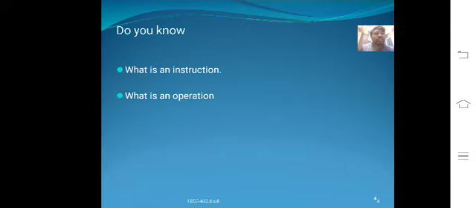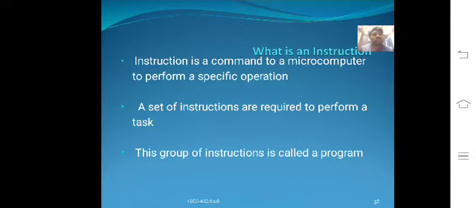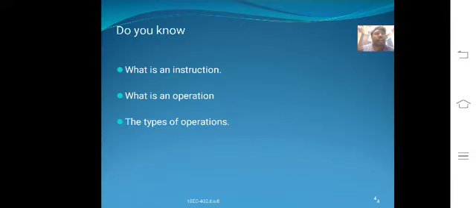Do you know what an instruction is? Generally, when you discuss something, a person gives some instruction. For example, in our institution, the principal gives an order or instruction to the students: all students must wear a mask in the classroom as well as around the college surroundings, due to the COVID pandemic situation.